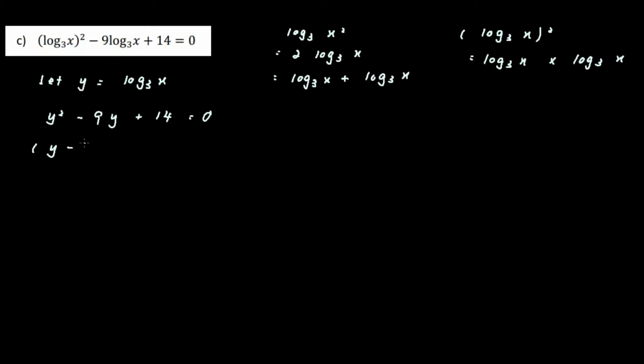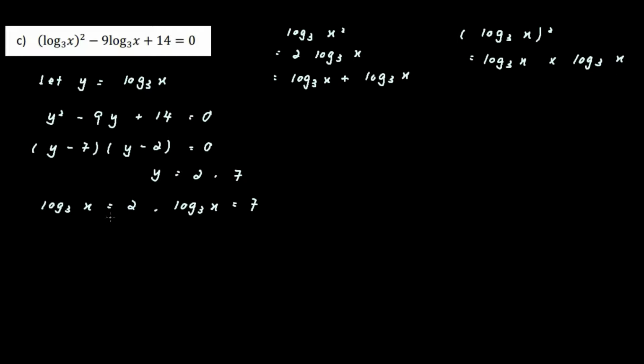So (y minus 7)(y minus 2) equals 0. I have y equals 2 or 7. Now we continue to solve it. With y equals 2, log base 3 of x equals 2, and the other one is log base 3 of x equals 7.